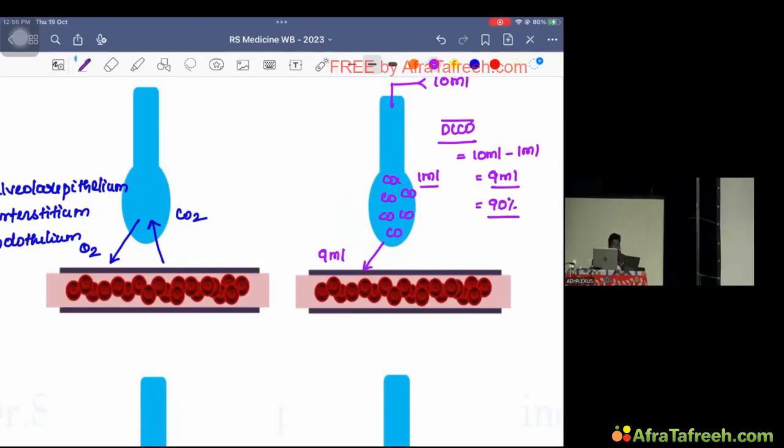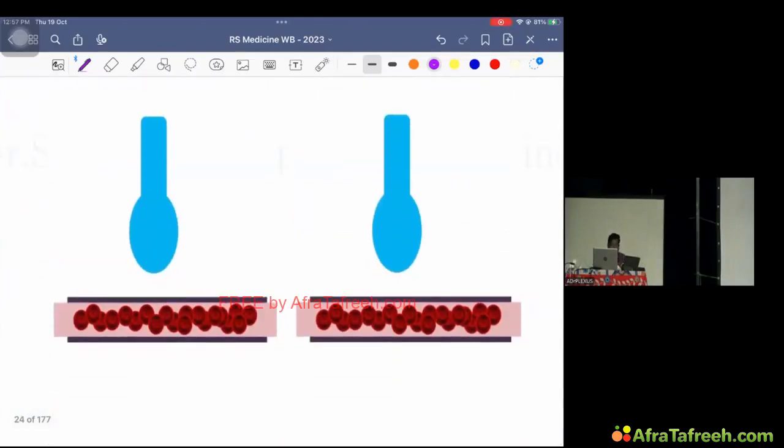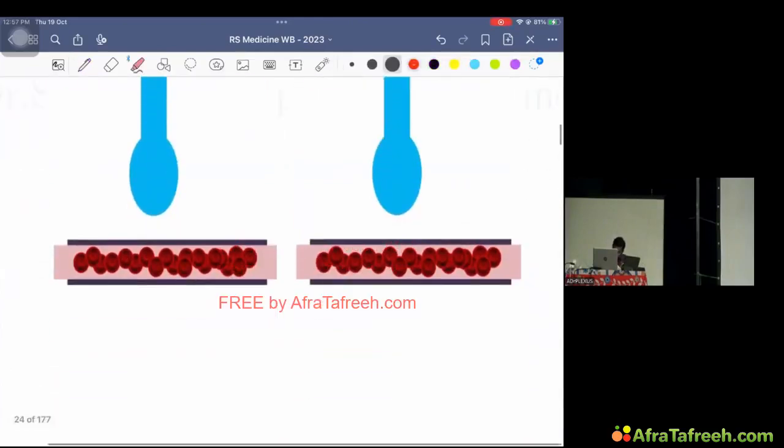Whether this is a normal or abnormal DLCO, it is a normal DLCO. So here it is going to be 90%.